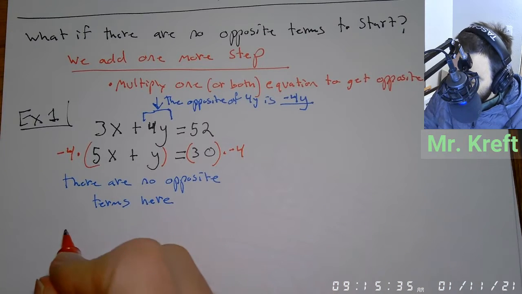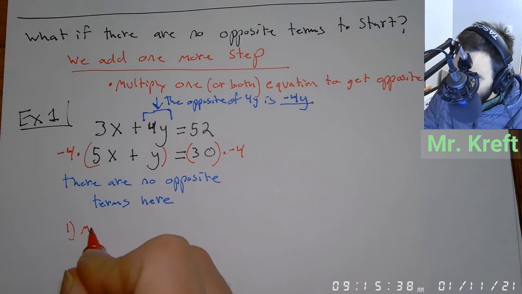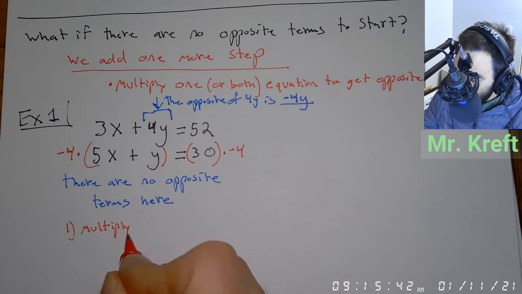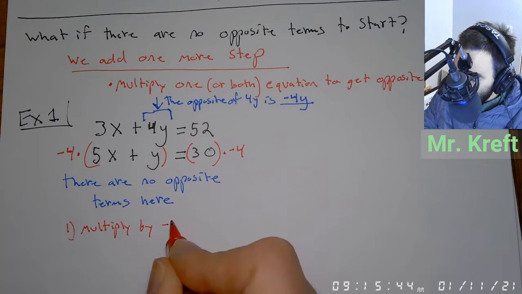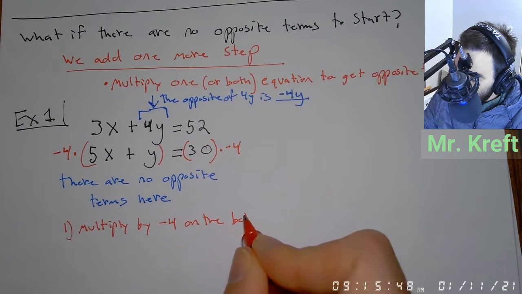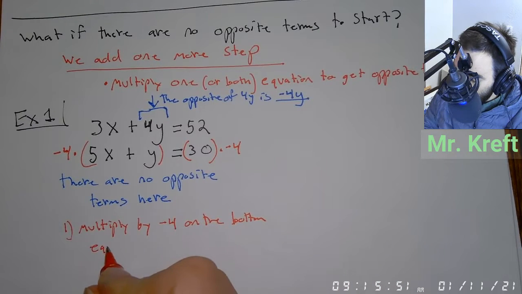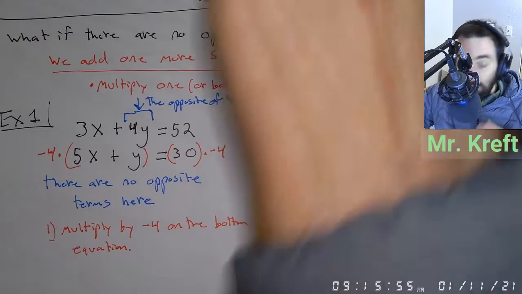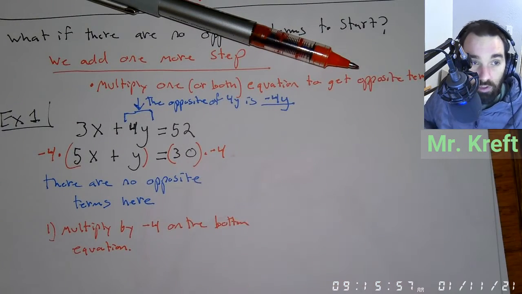So step 1, we are going to multiply by negative 4 on the bottom equation. Now to do this, I'm going to do all of my work to the right.